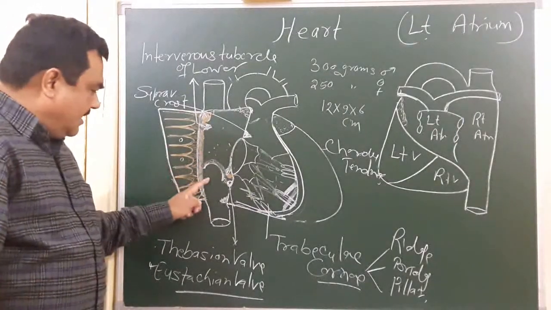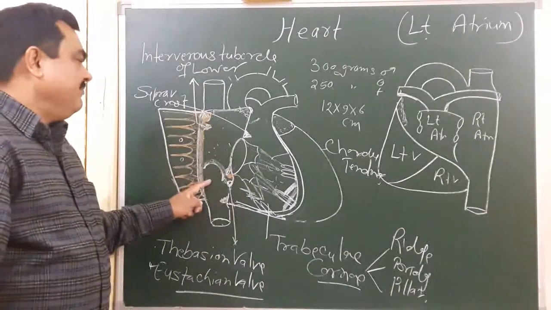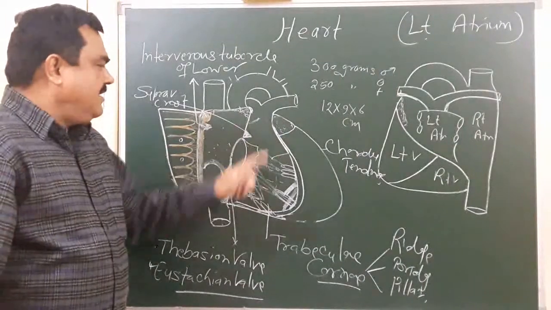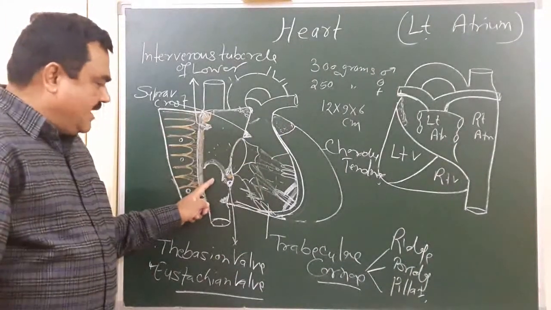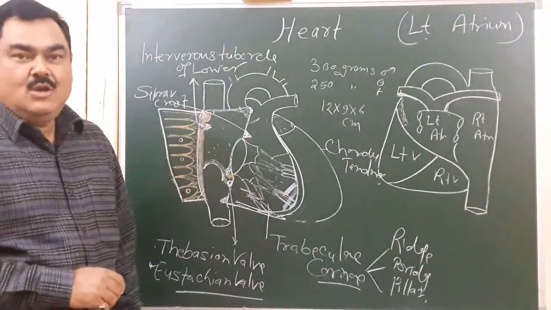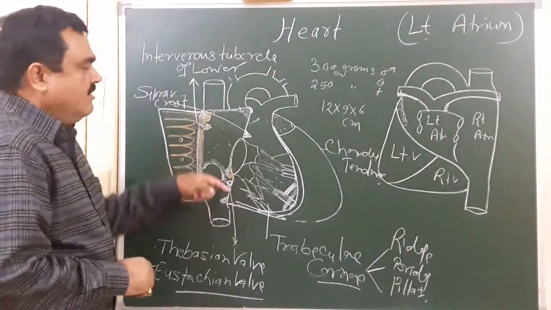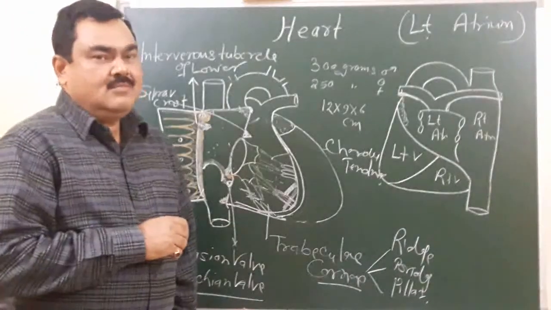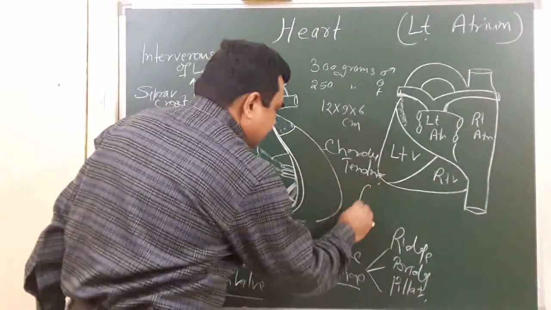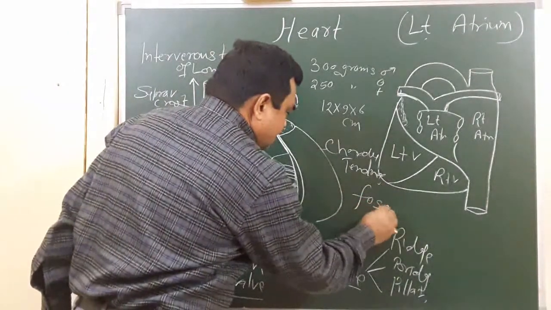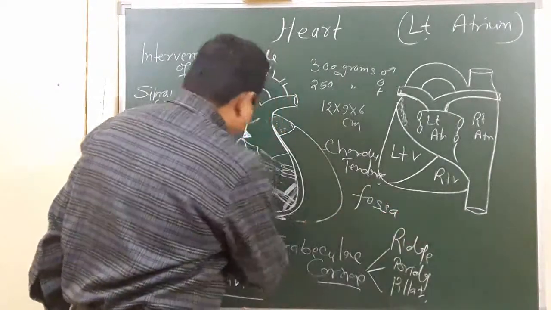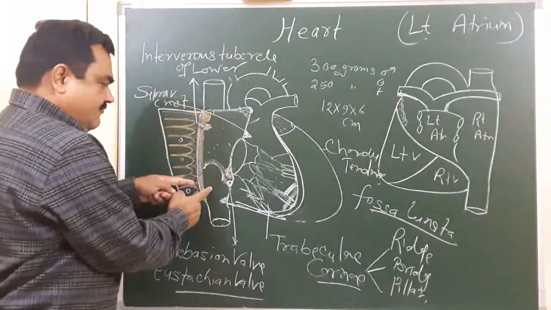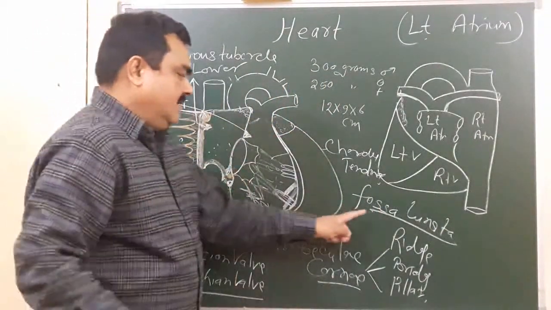If you see from the opening of the left atrium, at the site of the fossa ovalis there is a bulging known as the fossa lunata. So here on the right side this is the fossa ovalis, and on the left side, this is the fossa lunata.